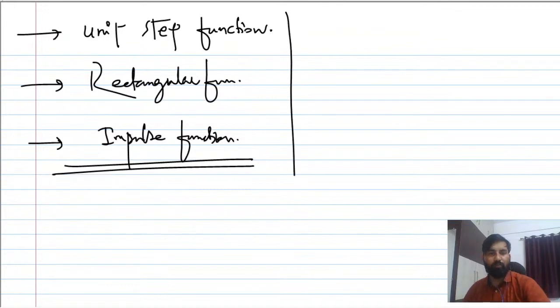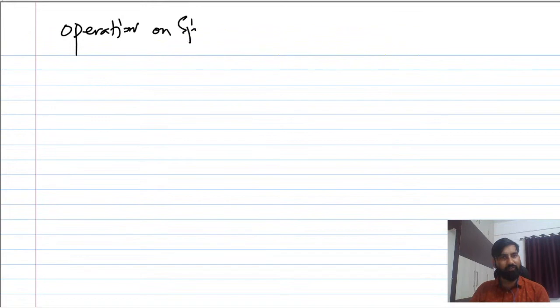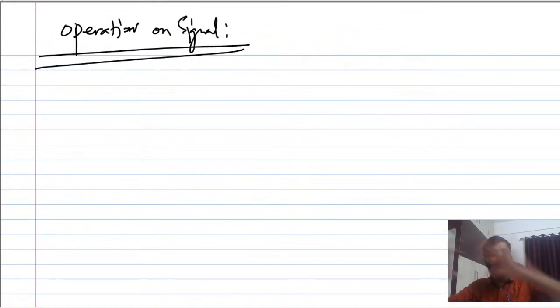Before I introduce different kinds of standard signals again, I would like to talk about the operations on signals. That is very, very important, guys. We will do that in the next session, in fact a separate session. So I will just list down the operations on signals. This is very important in the entire signals and systems.